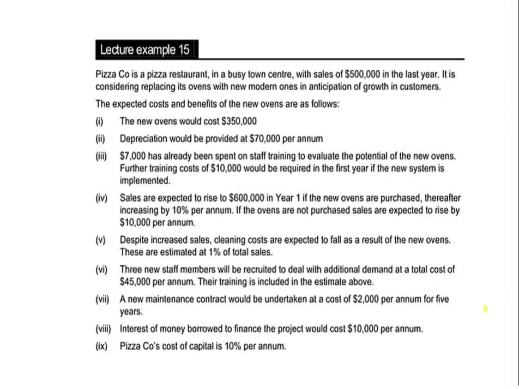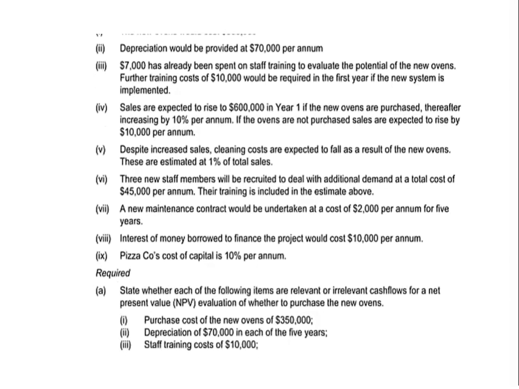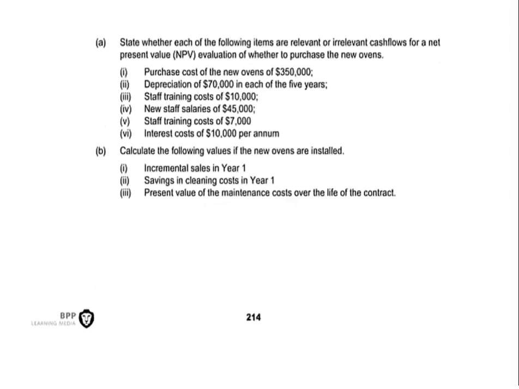So the biggest difference with the section A questions on first glance is the amount of information that we have here. So rather than reading through all of the information, let's actually start off by having a look at the requirements. So we have to state whether the following items are relevant or irrelevant cash flows for a net present value calculation.